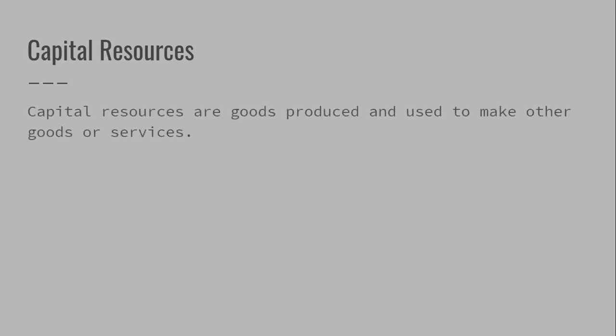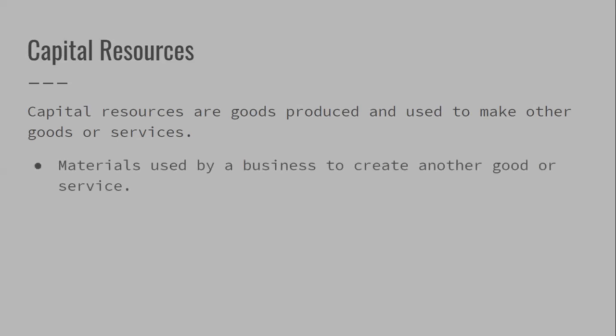Now let's talk about capital resources. Capital resources are goods produced and used to make other goods and services. So materials used by a business to create another good or service is a capital resource.